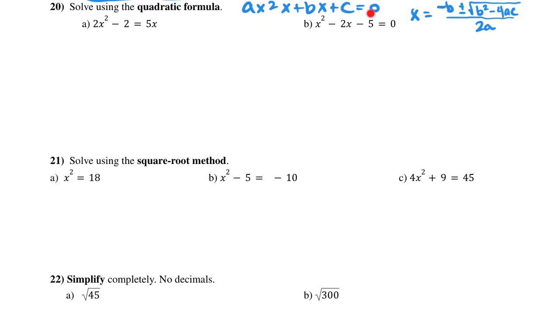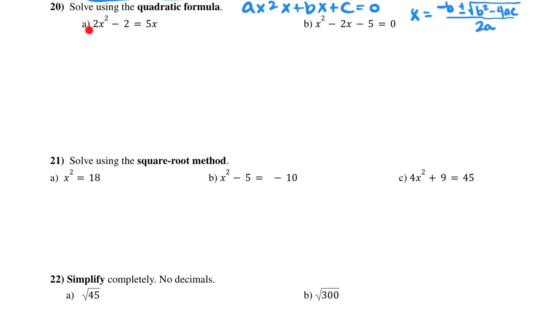So if we have our equation set equal to 0, you can use the quadratic formula, which is x equals the opposite of b plus or minus the square root of b squared minus 4 times a times c, all divided by 2 times a. And one of the benefits of using this kind of complex formula is that it works 100% of the time.